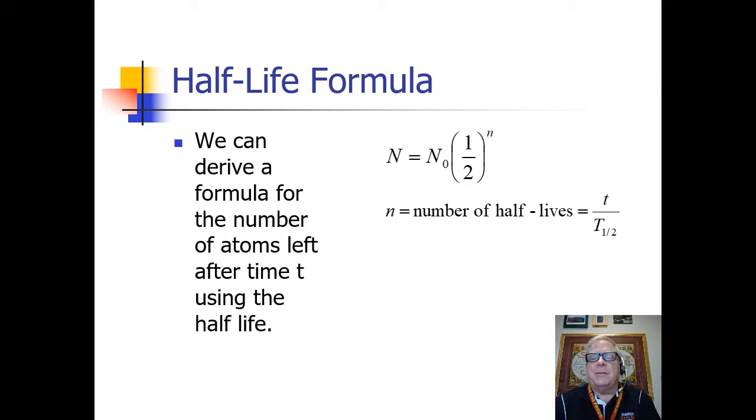So n is going to be the time that has elapsed divided by the half-life. And then the number you have left is the original number times 1/2, and for convenience here, we're going to write 1/2 as 2 to the minus 1 power, to the number of half-lives power, even if that's a fractional number of half-lives.